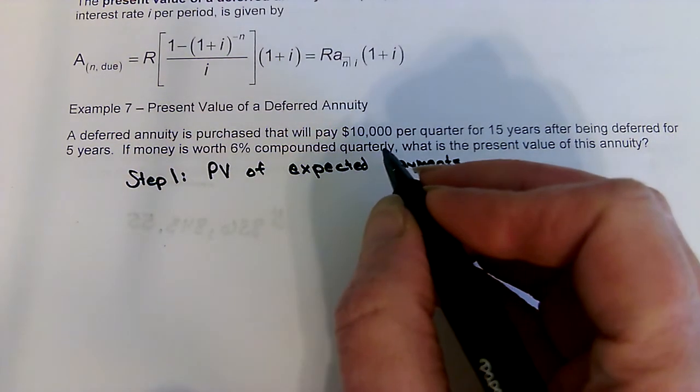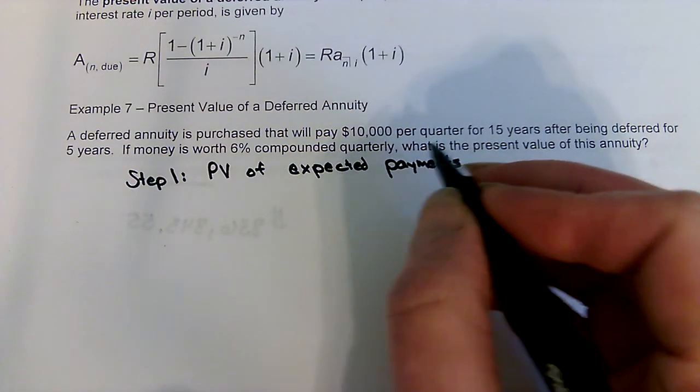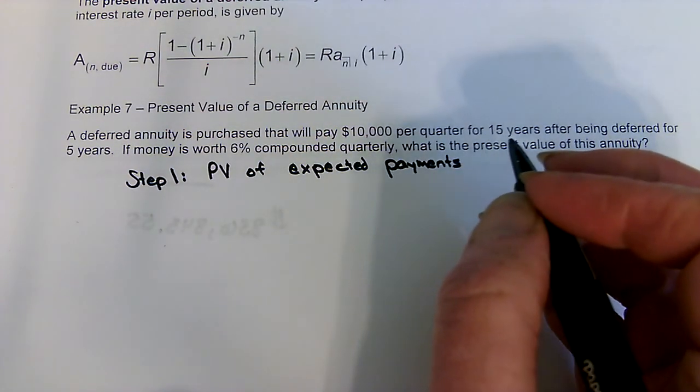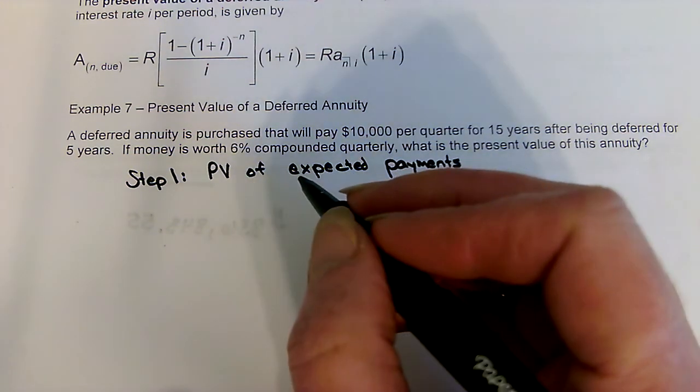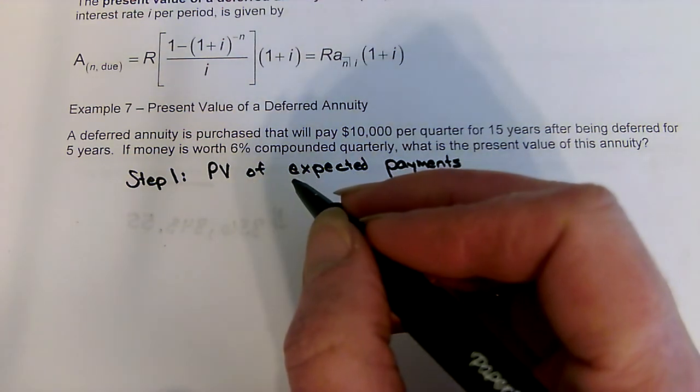So the deferred annuity will pay $10,000 per quarter for 15 years after being deferred for 5 years.